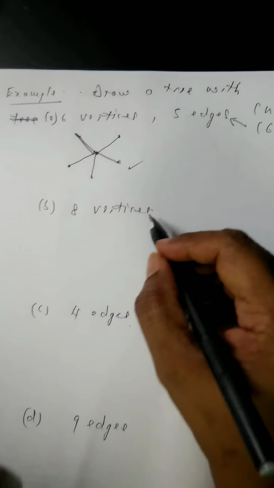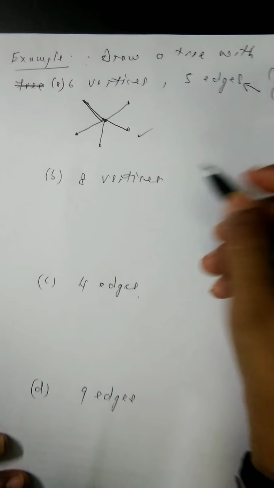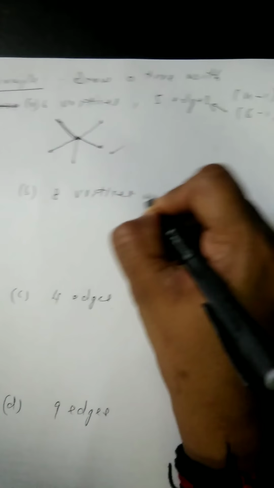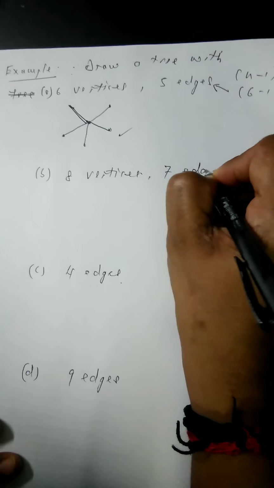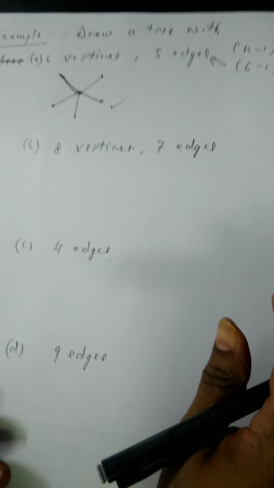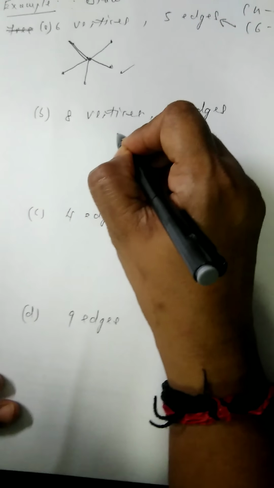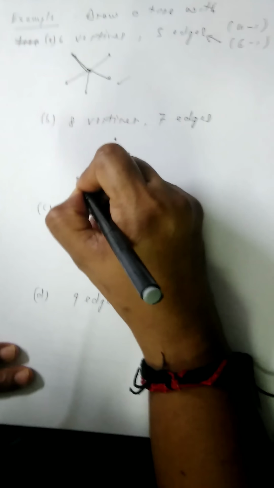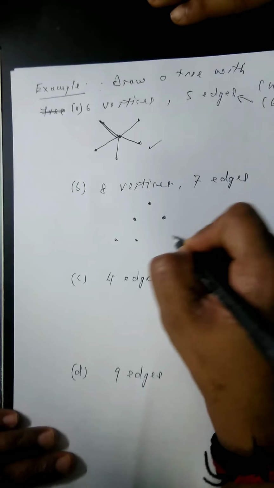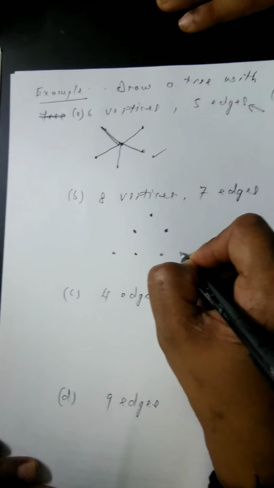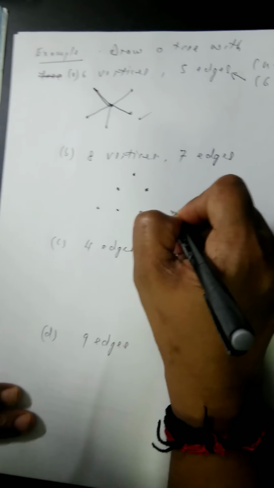Next, 8 vertices. 8 vertices means I must only have 7 edges. So maybe we start here: 1, 2, 3, 4, 5, 6, 7, 8.